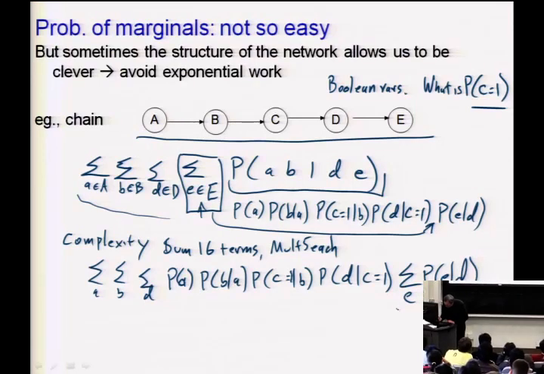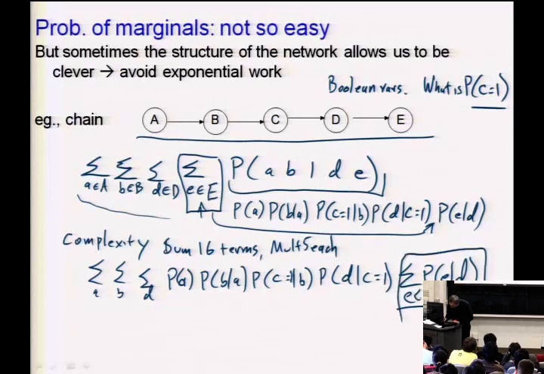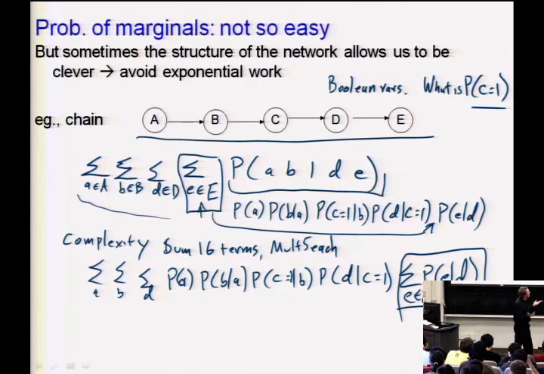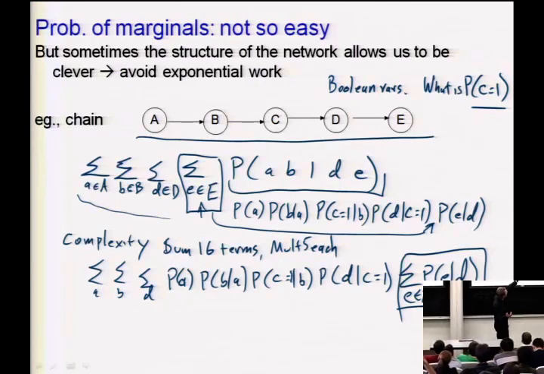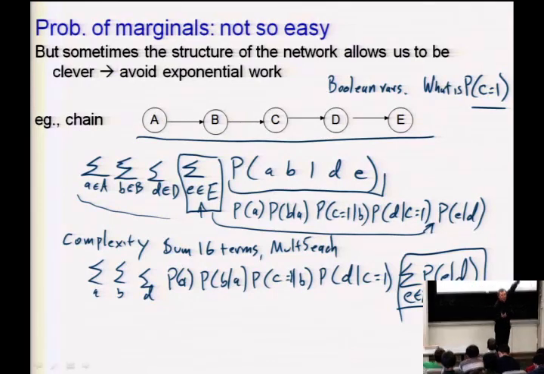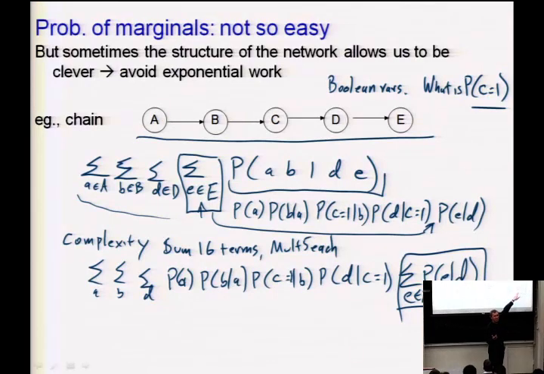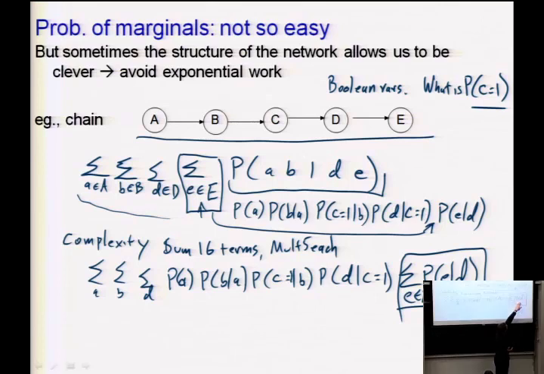And here all I have to do is sum over the possible values of E. And so if these, for example, are Boolean variables, I'll do this twice. I'll do it once for D equals 0, and once for D equals 1. And for D equals 0, I'll then just sum out the possible values of E. So when I consider D equals 1, I'll sum the probability that E equals 0 given D equals 1, and E equals 1 given that D equals 1.